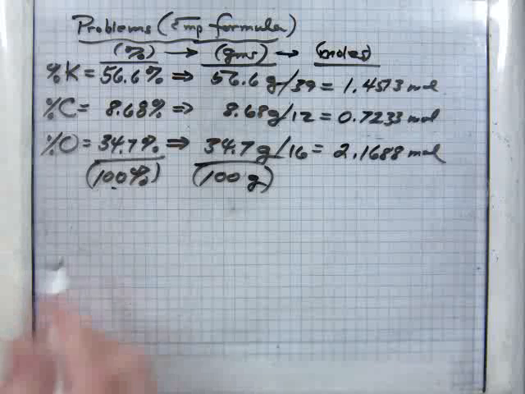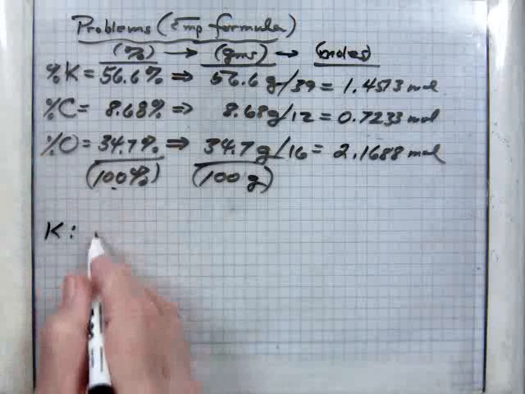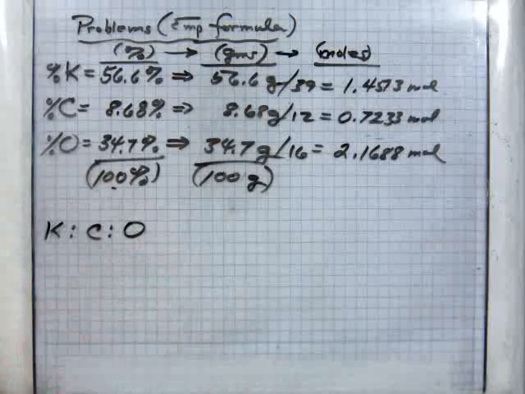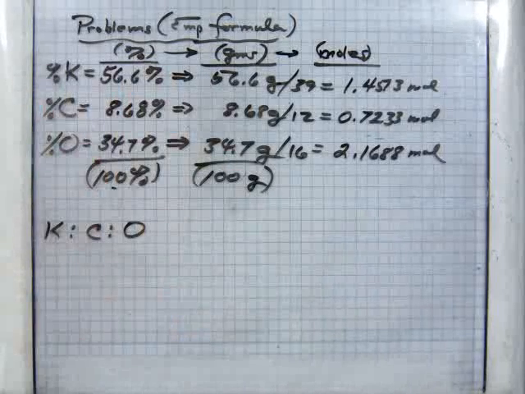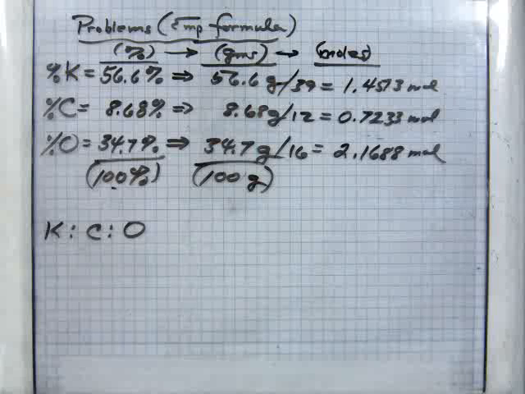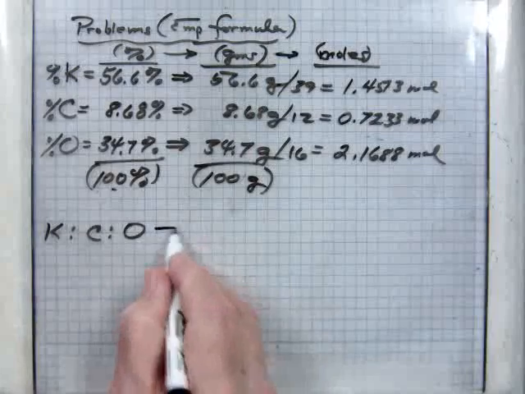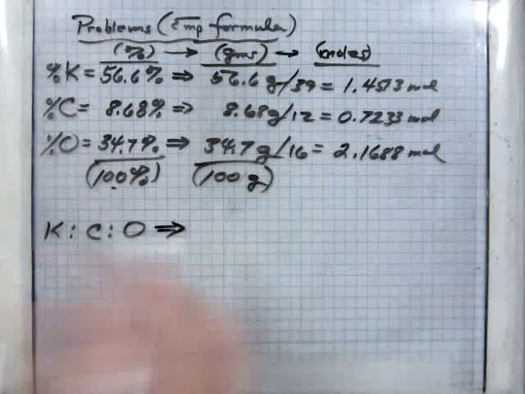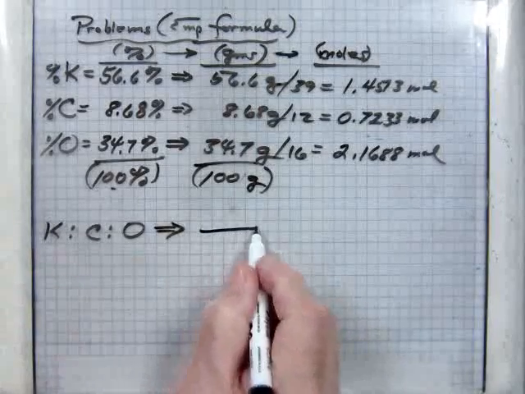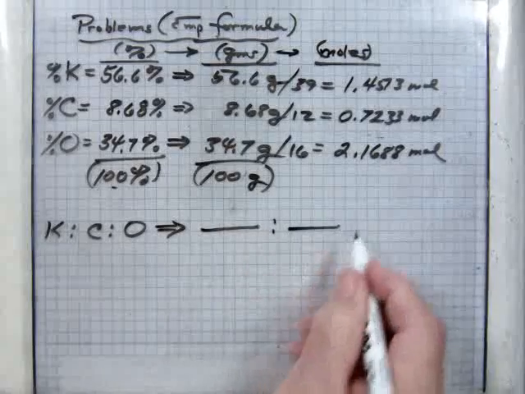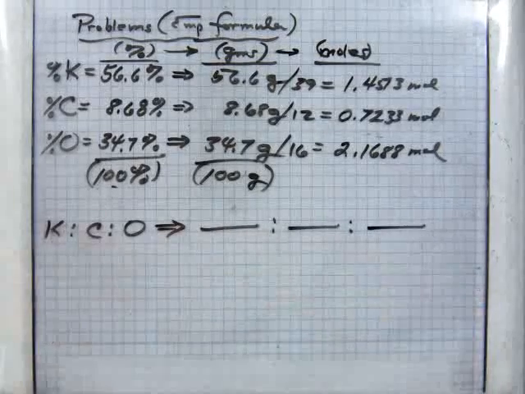Okay, that is your potassium to carbon to oxygen ratio. And I skip down under all the initial calculations like this. And if I have three elements in my compound, then I want to do this: blank, colon, blank, colon, blank. Do that.